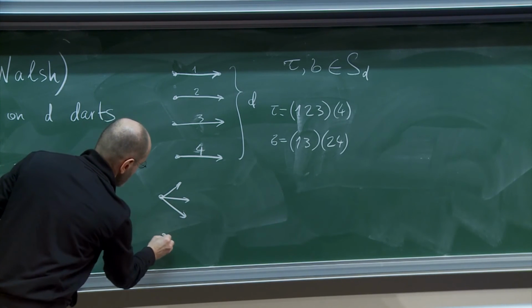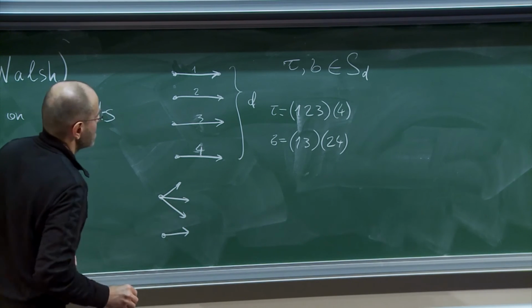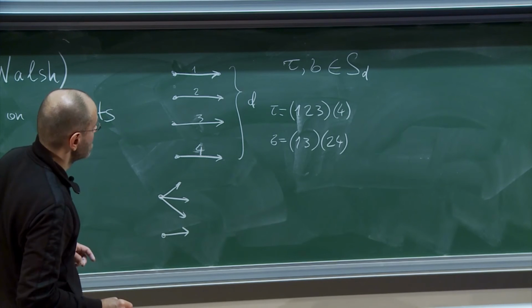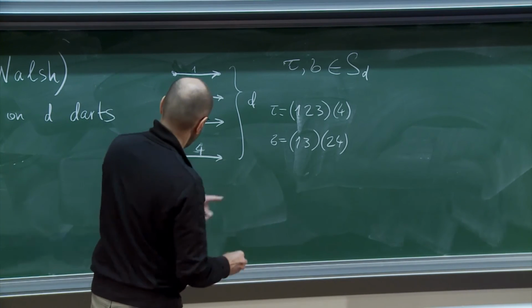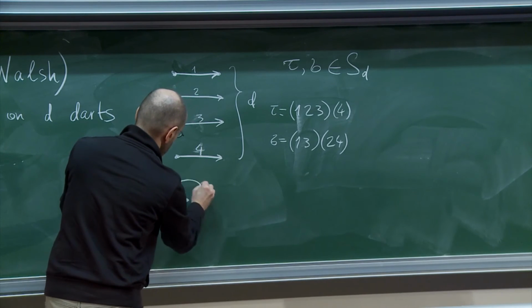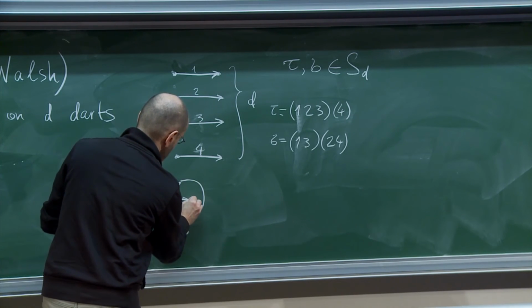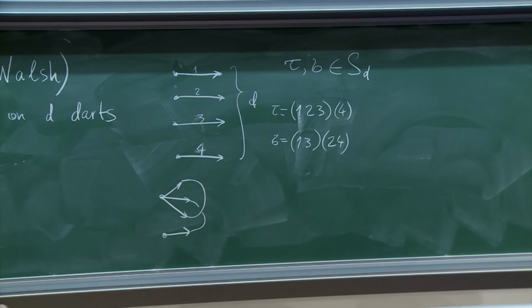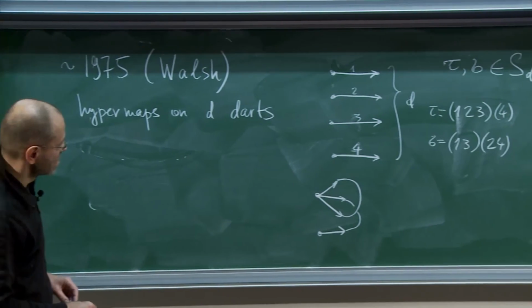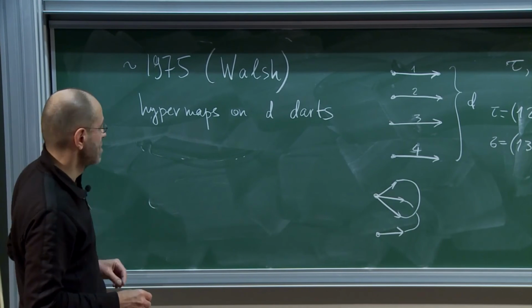And there is one more. Okay, the first one is glued to the third one, and this one to that one. So that's the hypermap that corresponds to these two permutations.